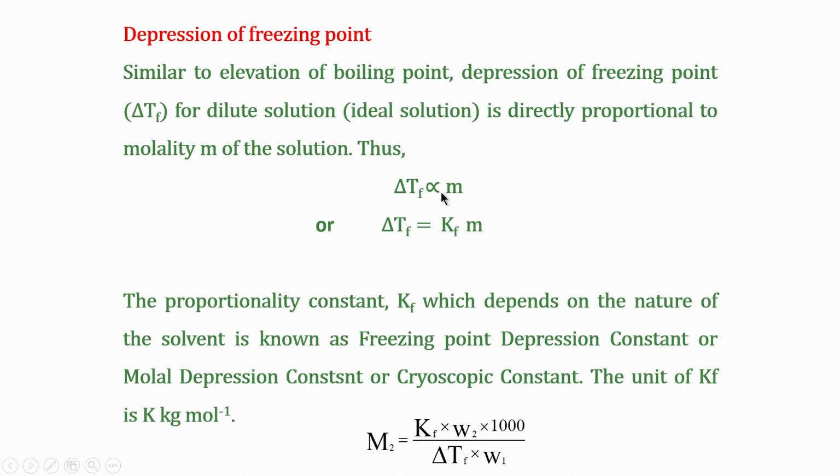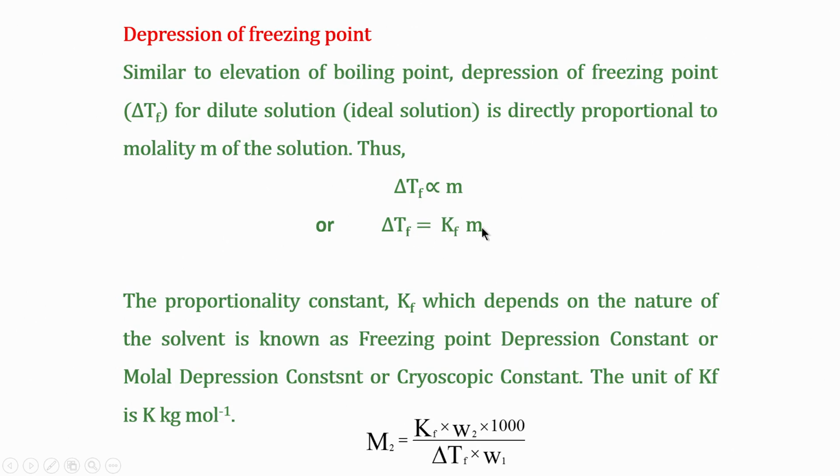So, depression of freezing point is a similar situation, that is, irrespective of the nature of the substance, boiling point increases and freezing point decreases. So, we can write an expression something like this, delta Tf is proportional to m. Similar exercise to what we did for boiling point.